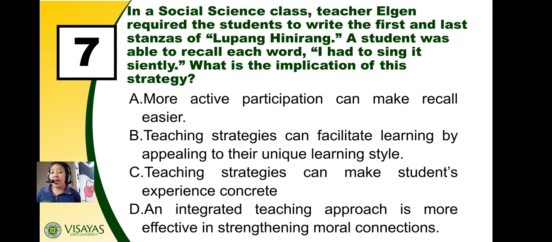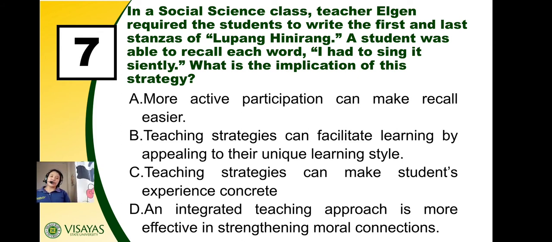A. More active participation can make the recall easier. B. Teaching strategies can facilitate learning by appealing to their unique styles. Letter C. Teaching strategies can make students experience concrete. Or letter D, an integrated teaching approach is more effective in strengthening moral connection.